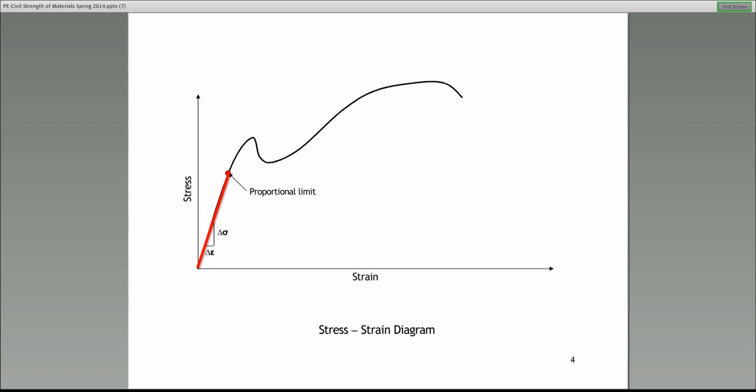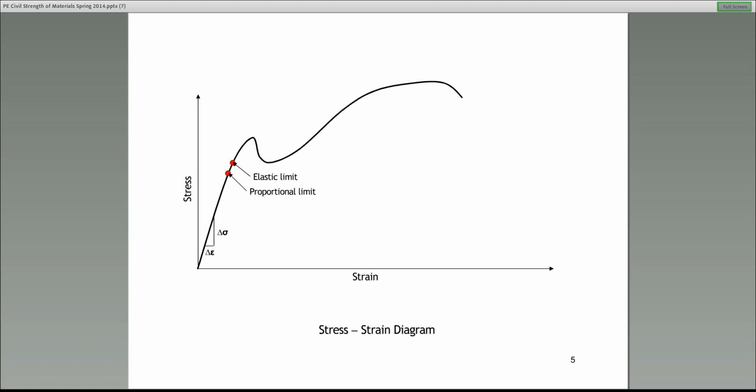Between the point 0, 0 and the proportional limit, the x and y are proportional, meaning that part of the curve is linear. All right? So that's how we would define proportional limit. Let's go to the next point that's significant.